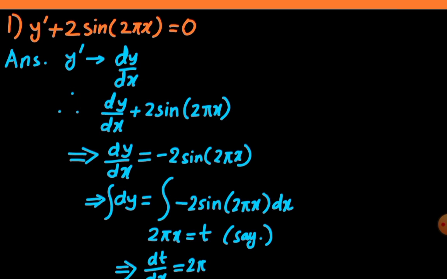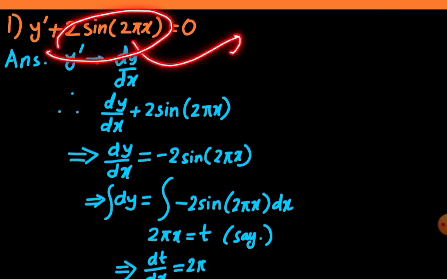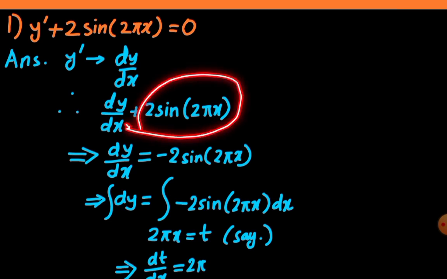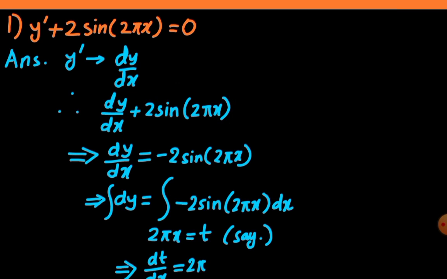All right, now talking about how we can solve this question, this type is the very most basic type. If you have studied it, we just need to take the function of x to the other side, and just integrate it. Now why is it so? Because this function is completely of x.